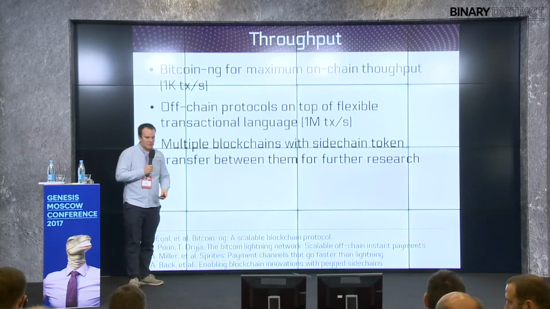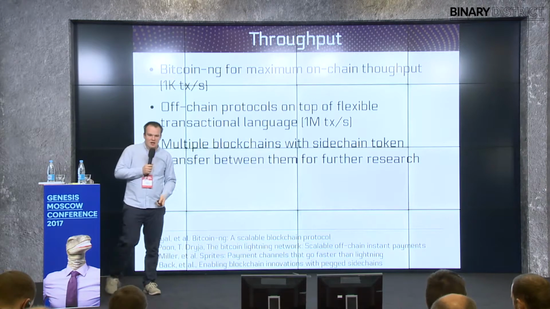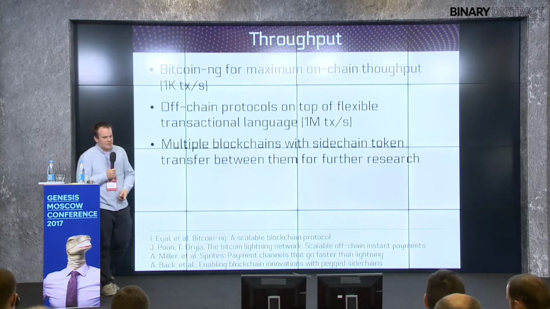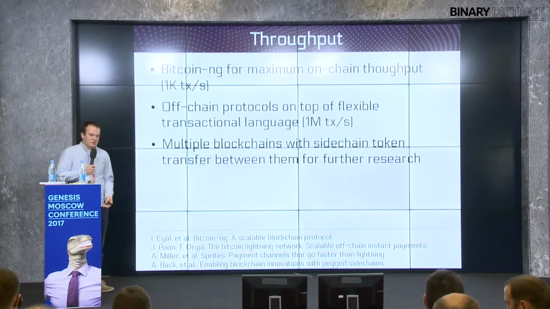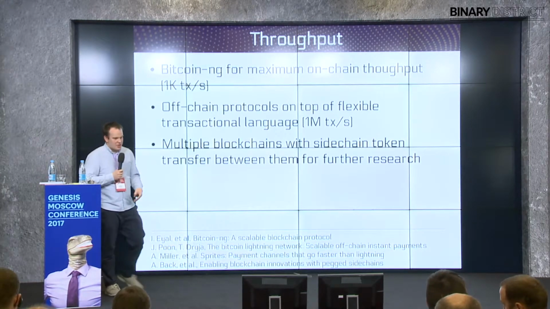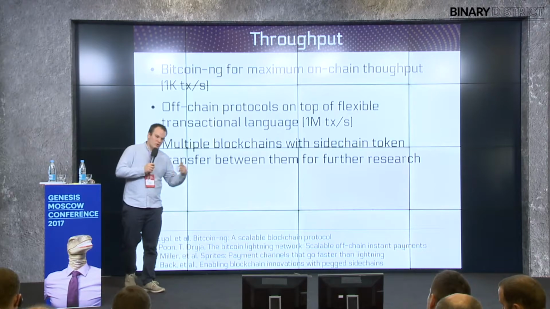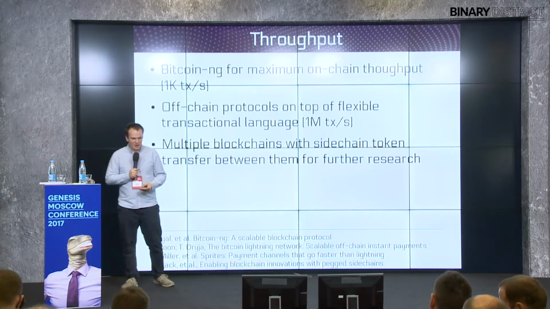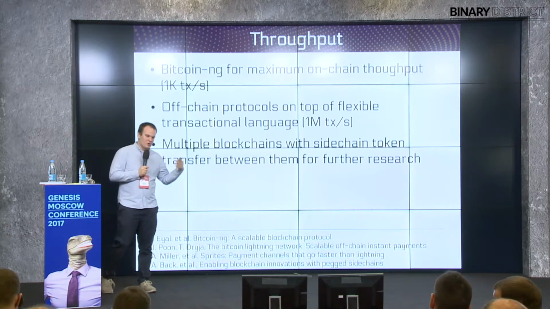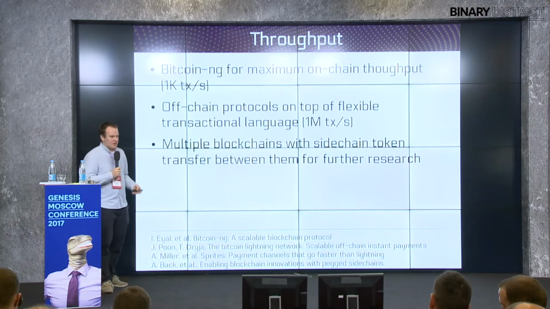The first one is Bitcoin NG. As far as we know, it's the best idea for on-chain throughput. It allows putting about 1,000 transactions per second in the chain, but also on top of this blockchain, it's possible to build some off-chain protocols like Lightning or Sprites. It's also another popular idea.